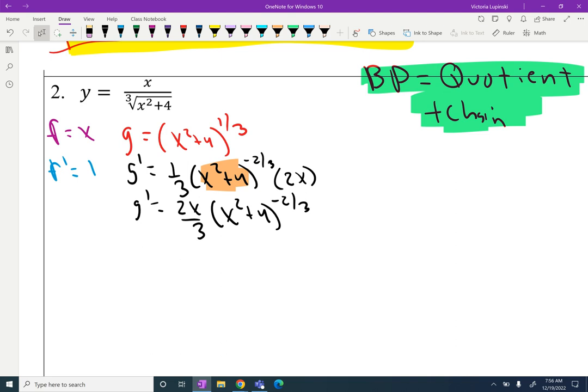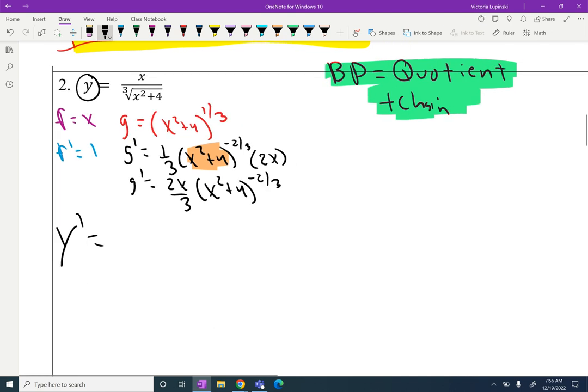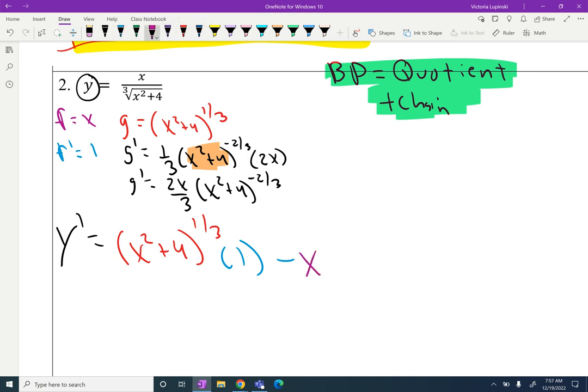Yes. Okay, so because this is a y, let's call this y prime. And now it's just a matter of using the formula. So the formula says you're going to start with g, which is x squared plus 4 to the 1/3. You're going to multiply it times the derivative of f, which is just 1. Then the quotient rule is always a subtraction. Then you're going to multiply it times x, which is the numerator.